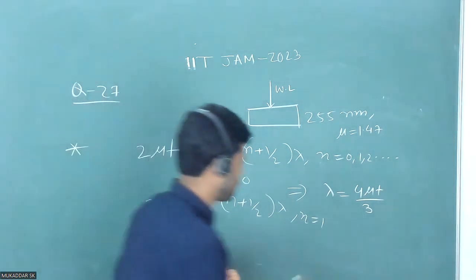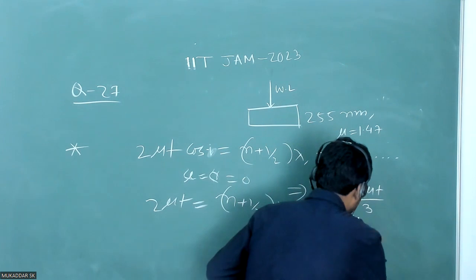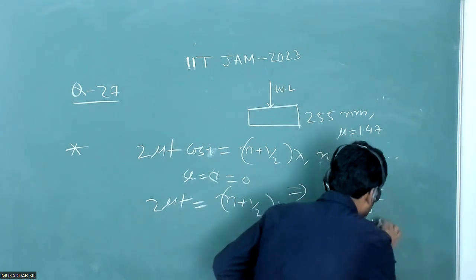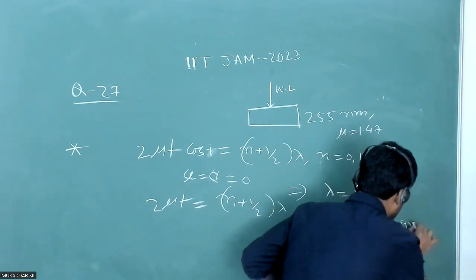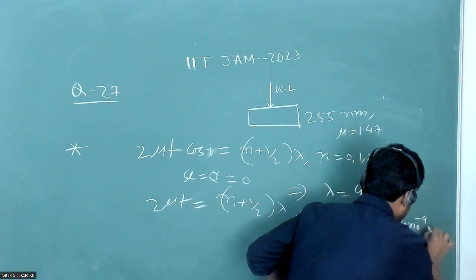So if I substitute this value, we'll have 4 by 3, mu is 1.47, and t is 255 nanometers, so it will be 10 to the power -9 meter.